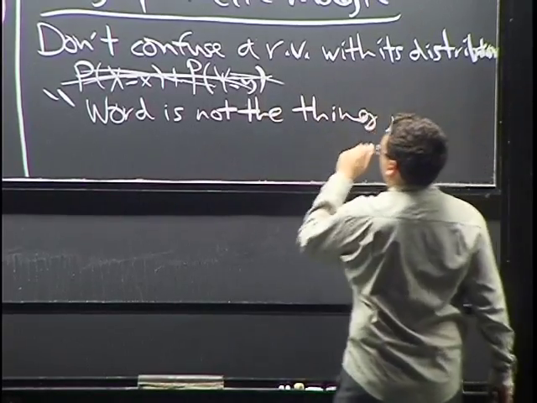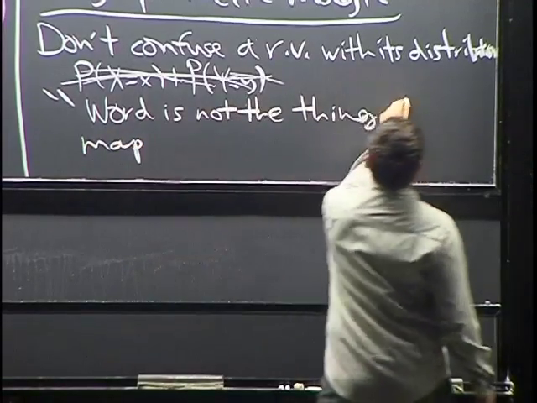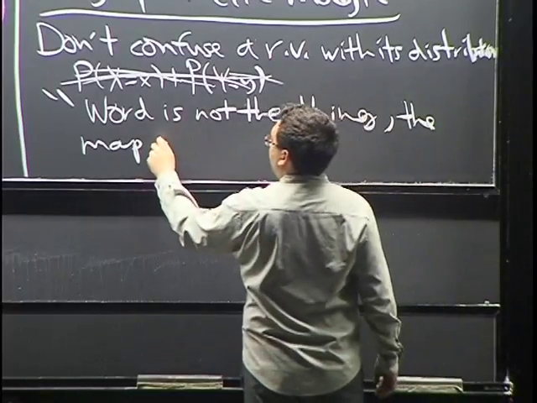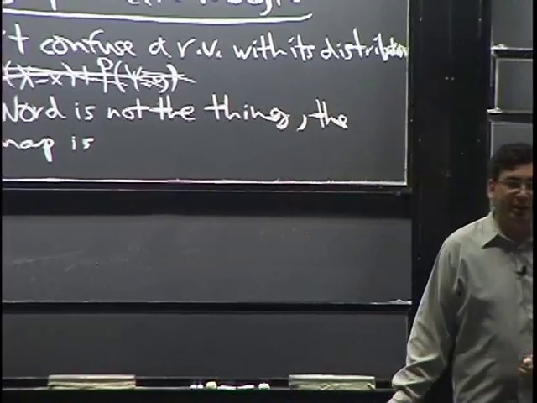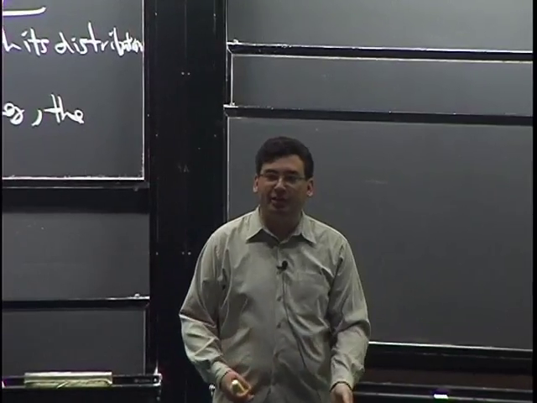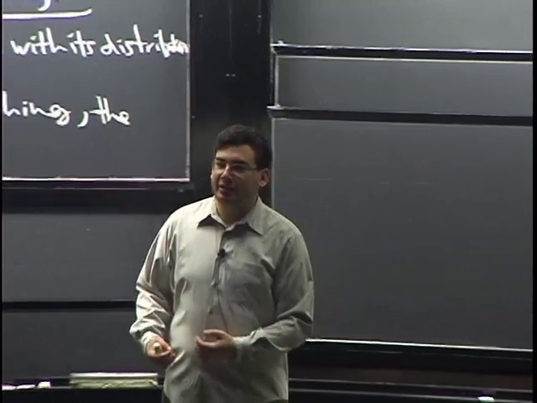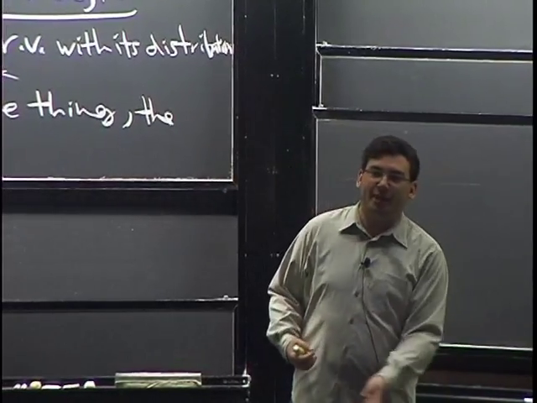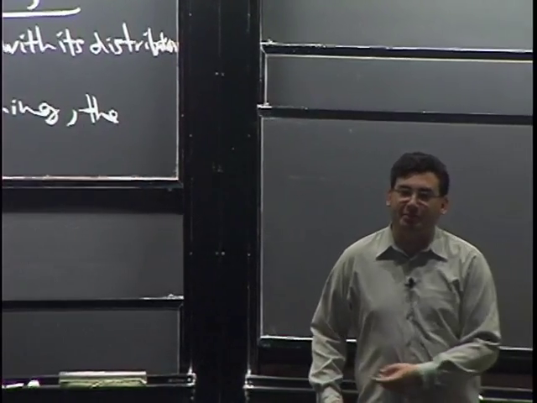So just to push this analogy a little bit further, the map is not the territory. This is a really obvious piece of advice. It's very rare that I've seen someone confuse a map with the territory, right? You don't usually put the map on the floor and start walking around the map thinking that you're exploring the territory.